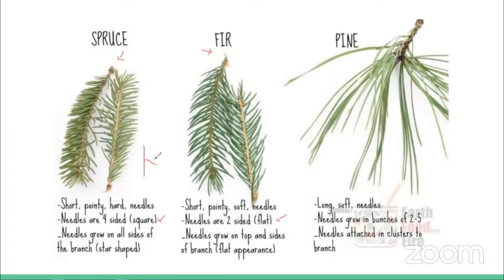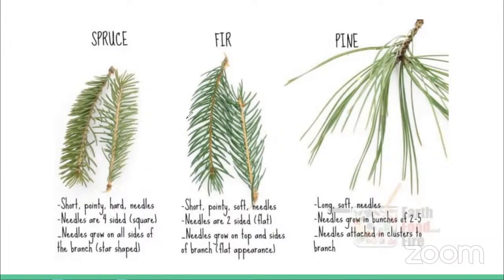If we slice it like this, you'll get a cross section that's kind of squarish. Versus if I were to slice across one of these fir needles, I'd end up with something kind of flat. The reason I like to roll them between my fingers is that something with multiple sides is going to roll much better than something flat does. And that's what I'm trying to feel for intuitively.